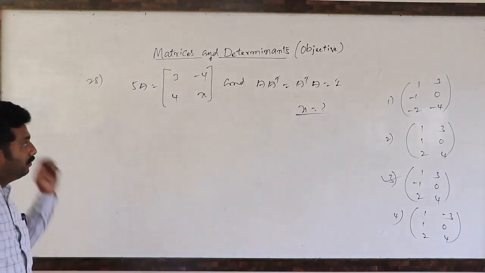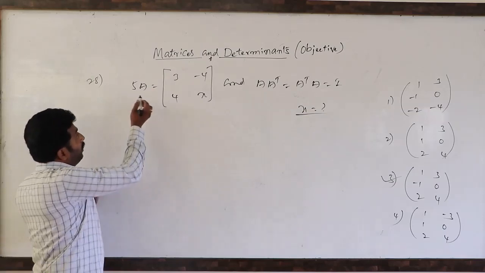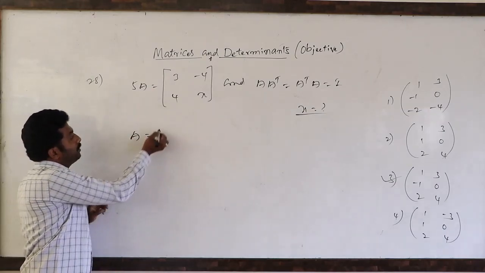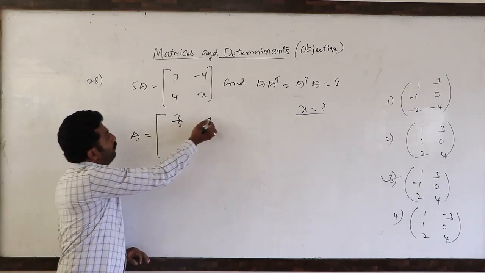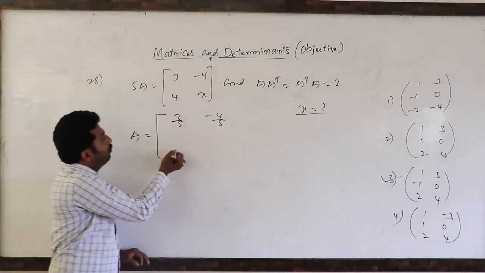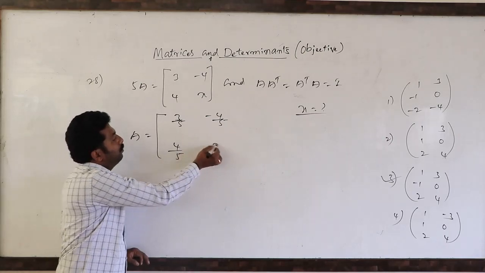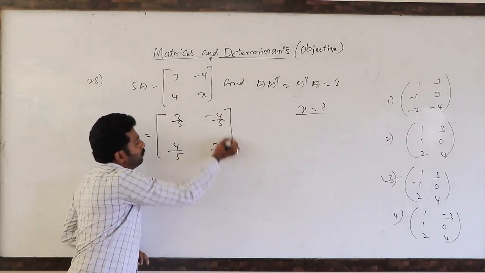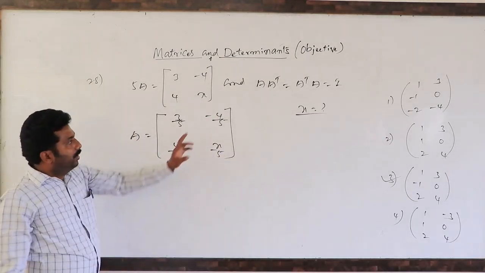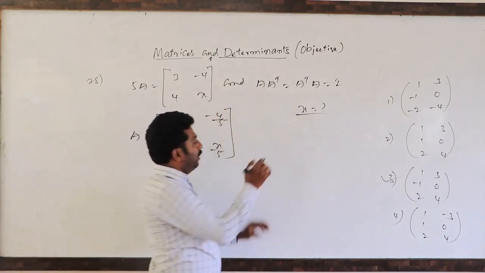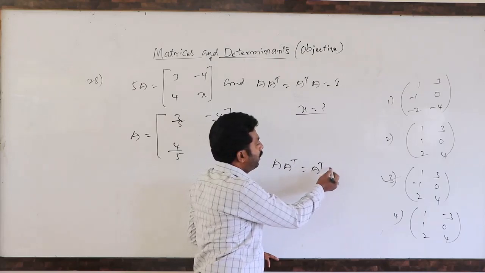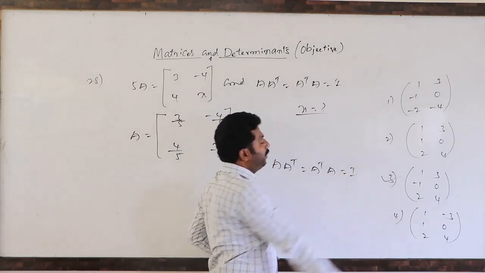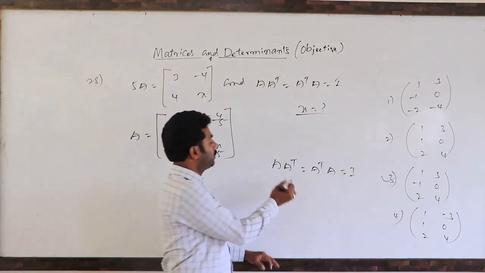So very clear. What is the matrix they gave? From this, A I am writing: that is 3 divided by 5, minus 4 by 5, plus 4 by 5, x by 5. One condition you observe: A transpose A equal to identity means this is an orthogonal matrix.